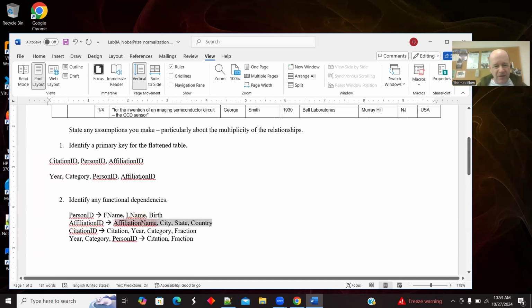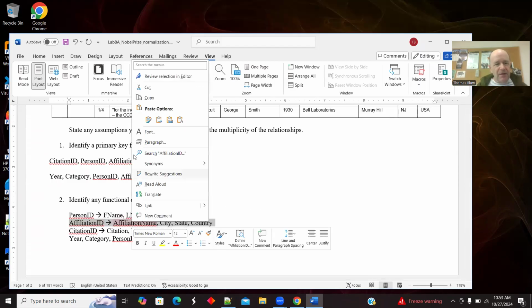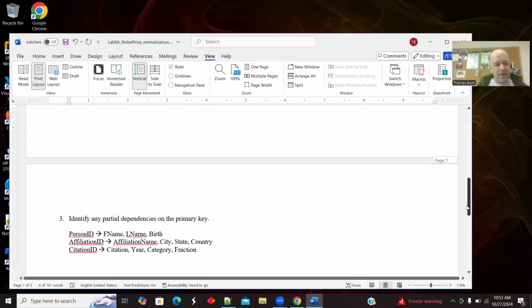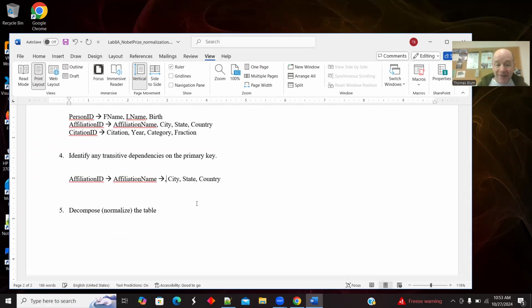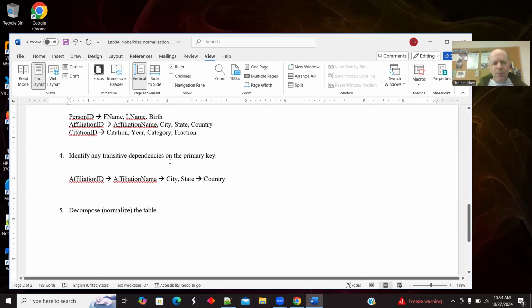That's one possibility here: the affiliation ID, we turned it into an ID, gives us an affiliation name. That gives us a city and state or city and region or something like that. And that probably gives us a country if you really want to go far here. There might be more than one research institute or university in a city, but that city's in the same country.